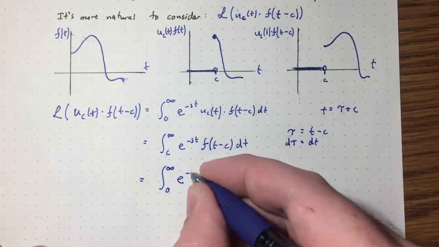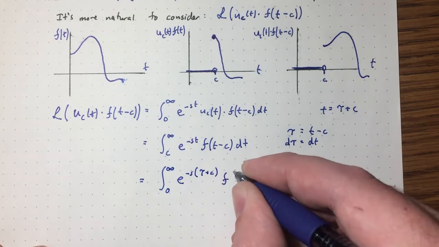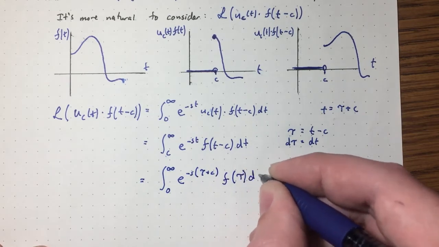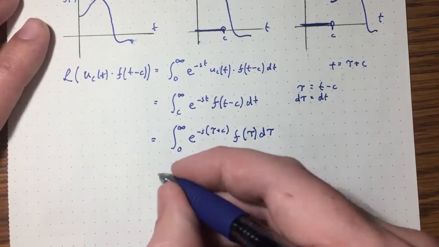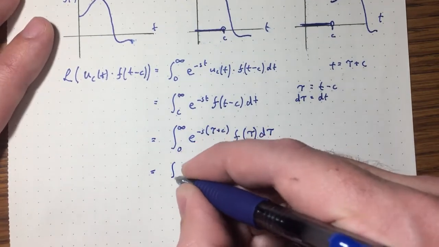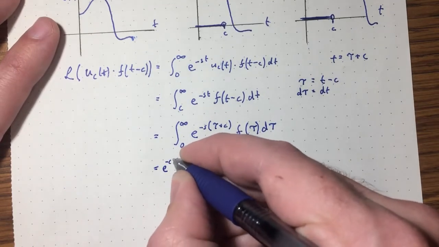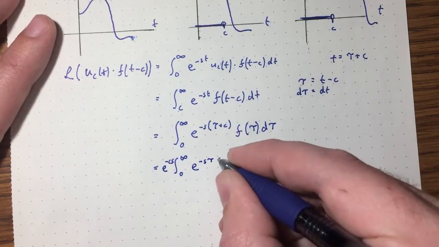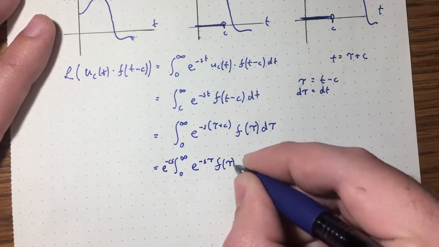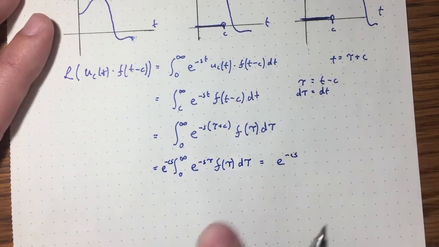Now I have e to the minus s times tau plus c times f of tau d tau, right. What is this going to be? It's going to be the integral from 0 to infinity. I can pull out the e to the minus cs, as I did last time, and I have an e to the minus s tau times f of tau d tau, which is e to the minus cs.